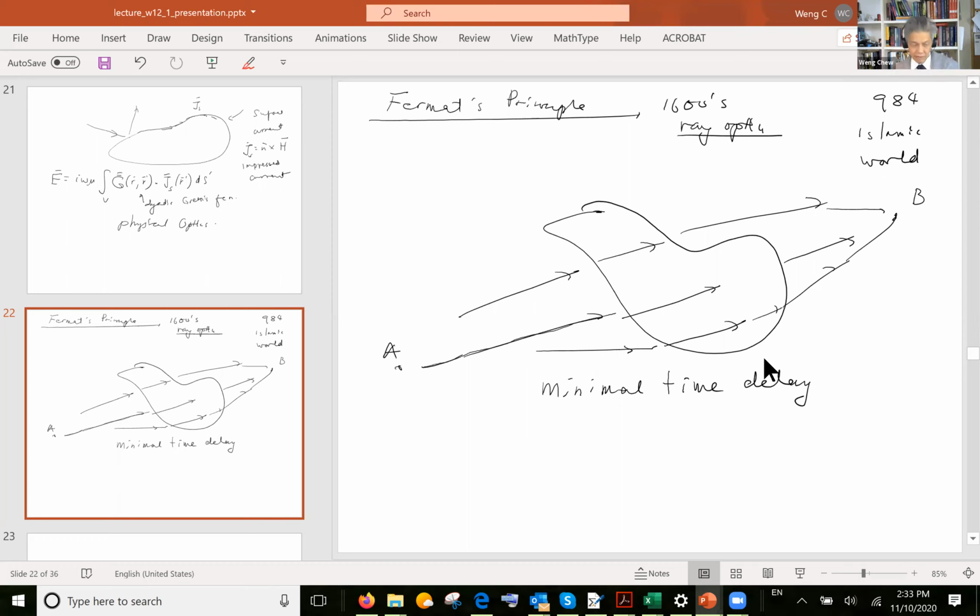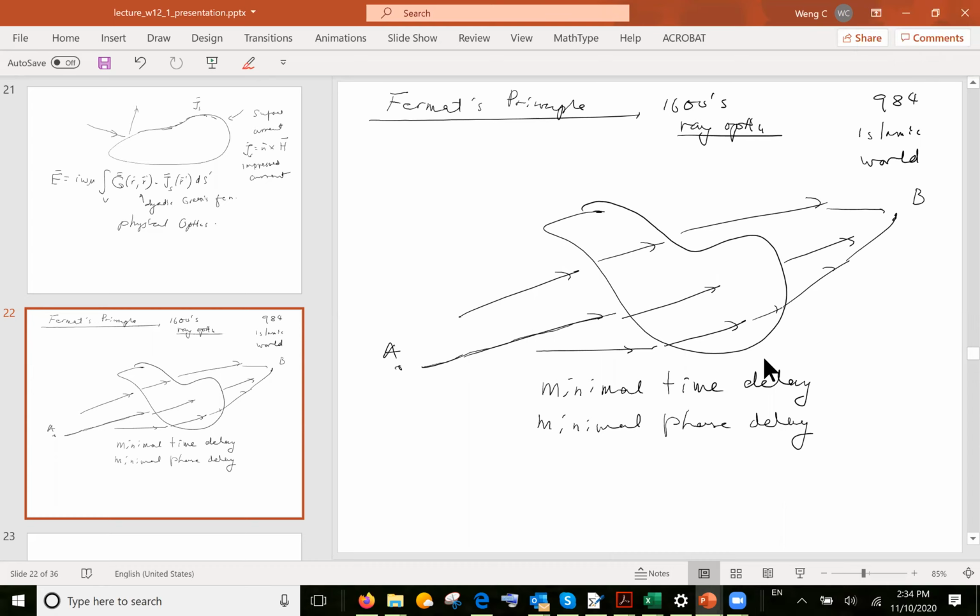So the light ray always follows the path of minimal time to go from A to B, if you calculate the travel time that the ray needs to travel. And in terms of frequency domain, this is also the same as minimal phase delay. Okay, so that is just Fermat's principle. Any questions on those?